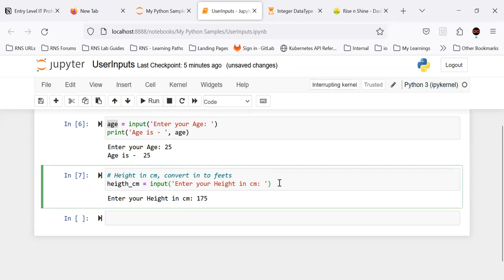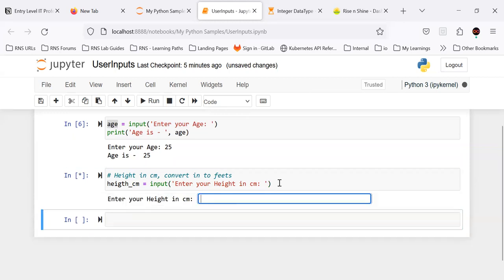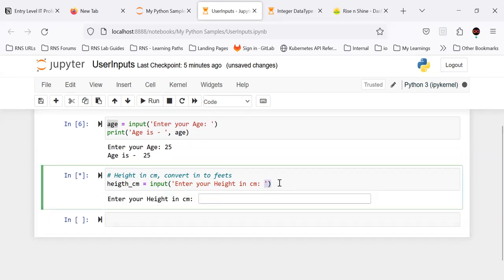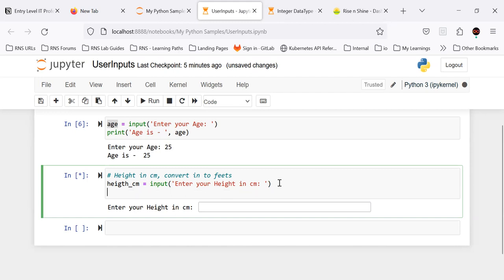Now what I would like to do is convert this into feet. How do you convert to feet? Can you give me the formula? Does anyone know how to convert centimeters into feet?